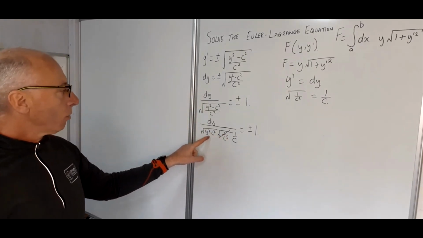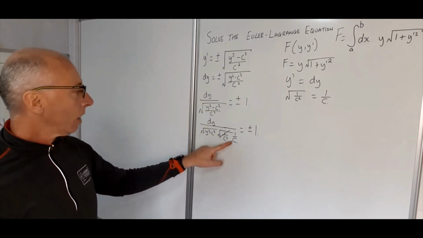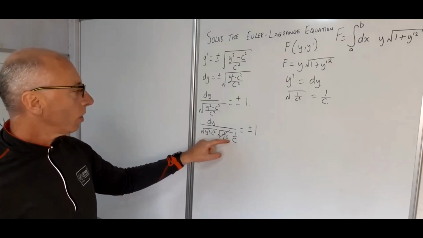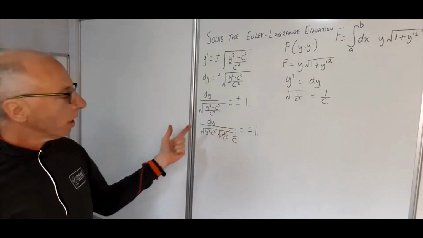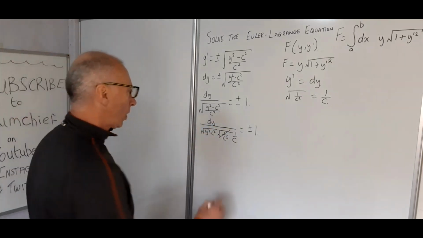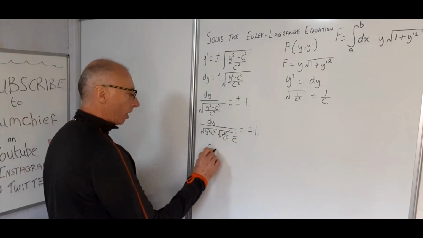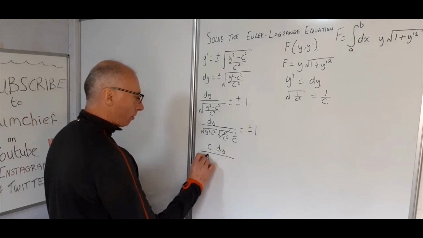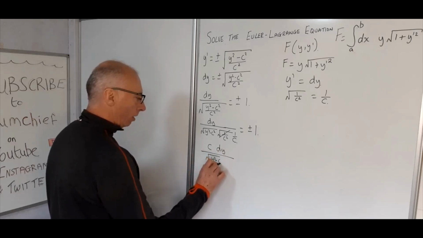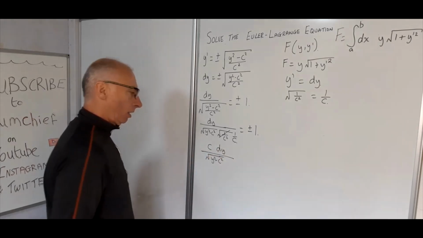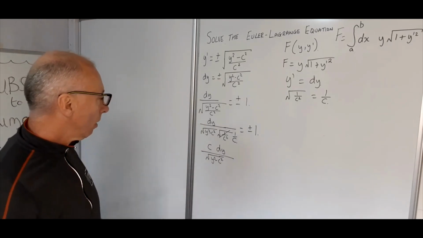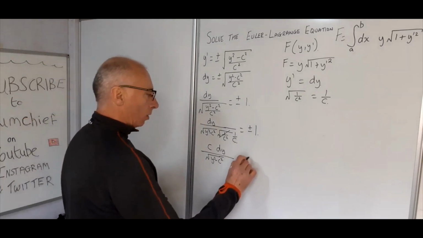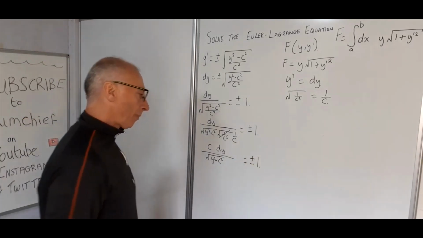So that's the square root of y squared minus c squared times 1 over c. All we've got to do now is just flip that and we can put the c in the numerator. So let's just do that. So c times dy over the square root of y squared minus c squared. So that takes care of that. That's looking very handy. Equals plus or minus 1.